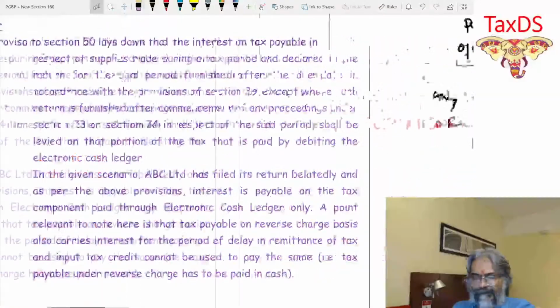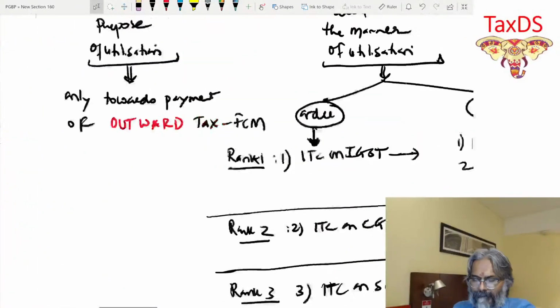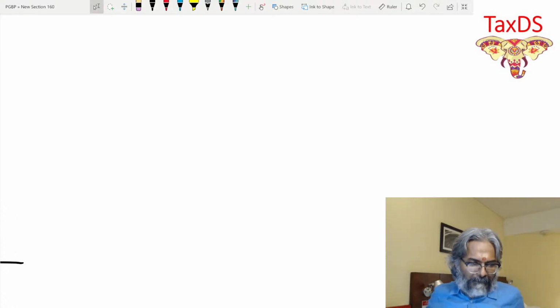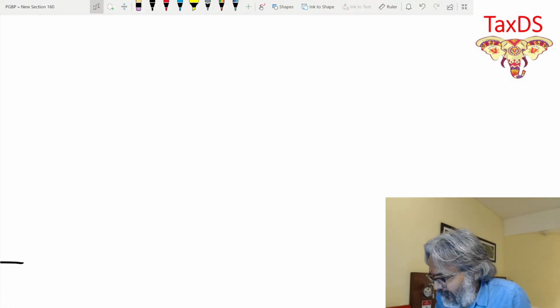Now the next section that comes into play is the interest part, students. On the interest part, make two columns, all of you.